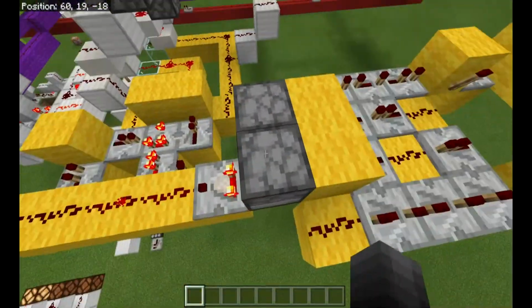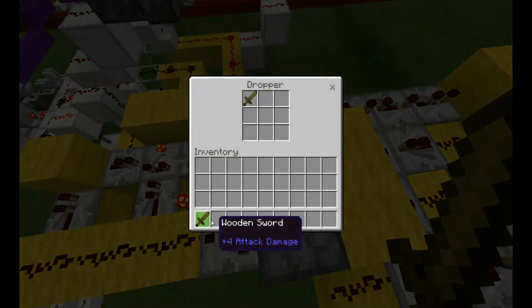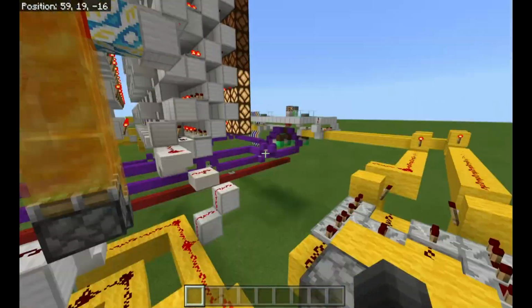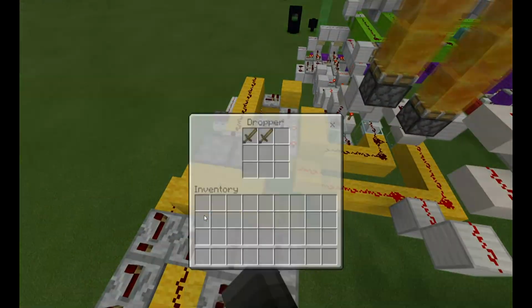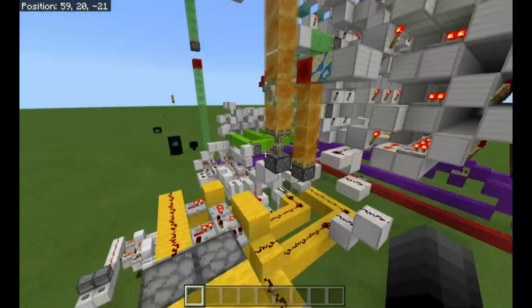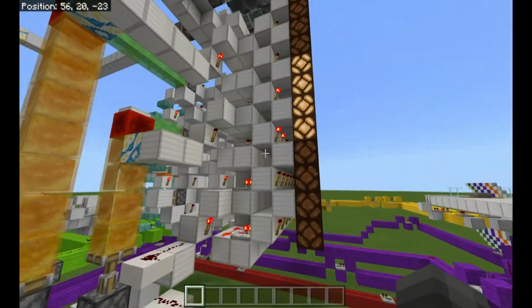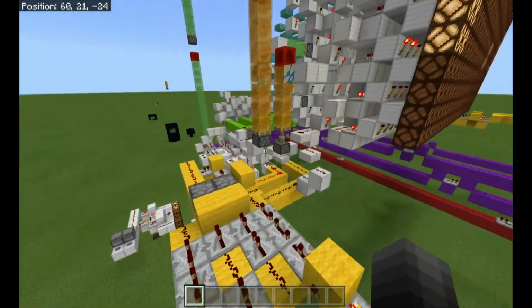If I take the sword out of this one and put it into there, now the paddle's at the bottom. If I take them both out and put them in the first one, now the paddle's at the top. And if there's only one there, then we have the paddles in the middle.